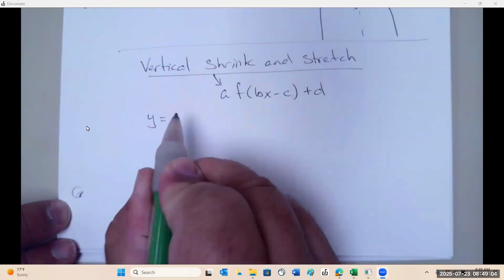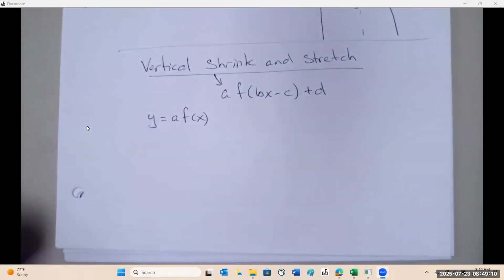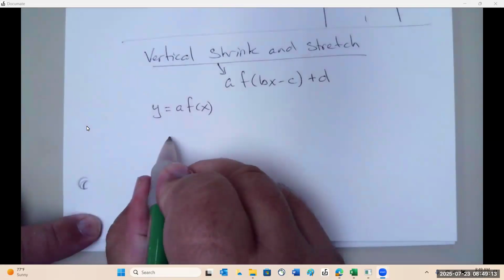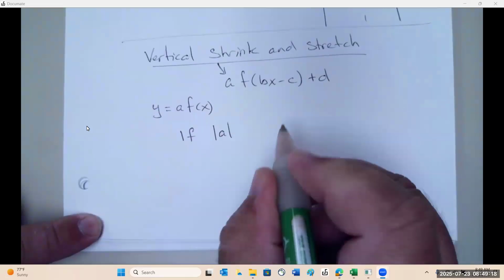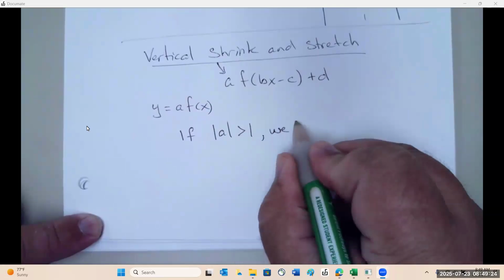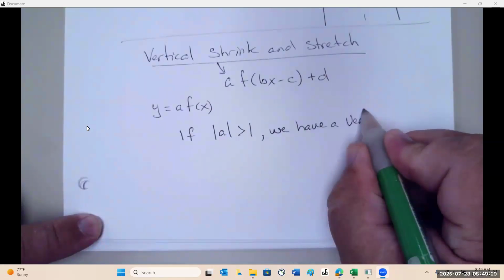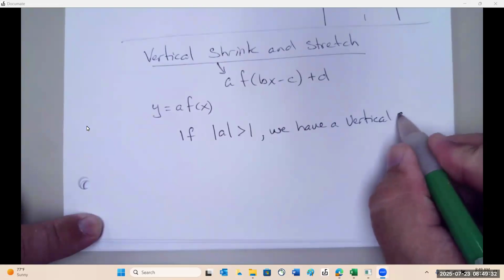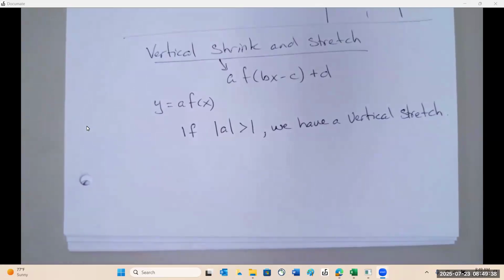So this is the shift that we're going to be looking at now. If the absolute value of A is greater than 1, we have a vertical stretch. Why is it vertical stretch?